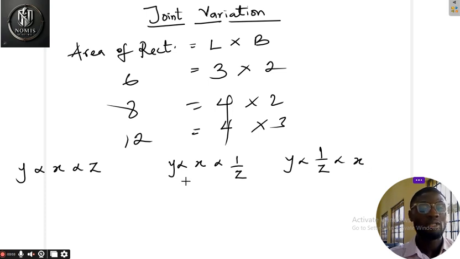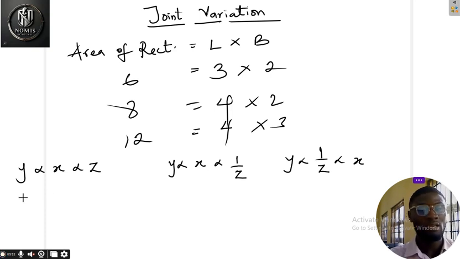So what is important is how to interpret this variation properly. So y is dependent on whatever x and z will be. So if z increases, y increases. If any of these increases, y increases. If any of these decreases, y will decrease. If one increases and the other decreases, then there will be an alteration in y. It either increases or decreases depending on the constant that occurs between them.